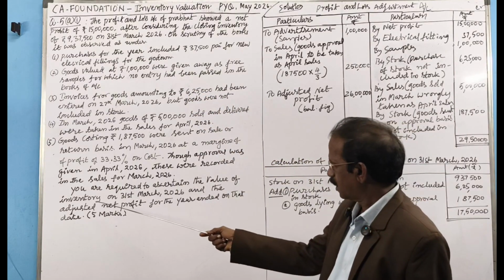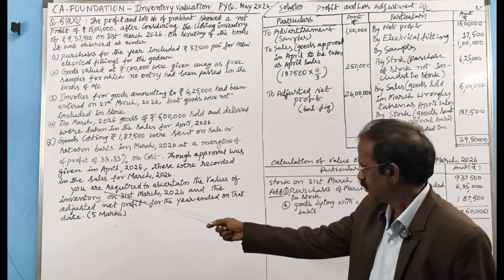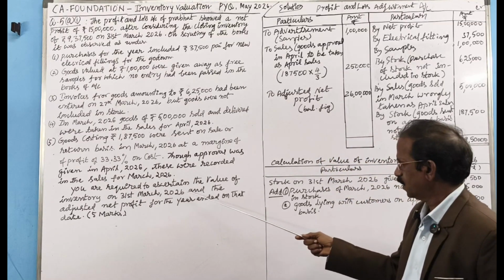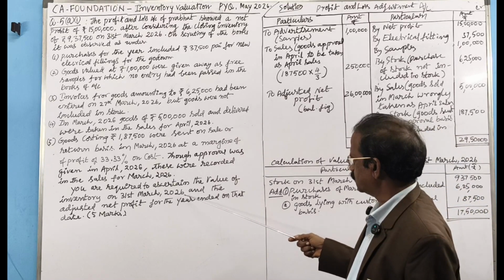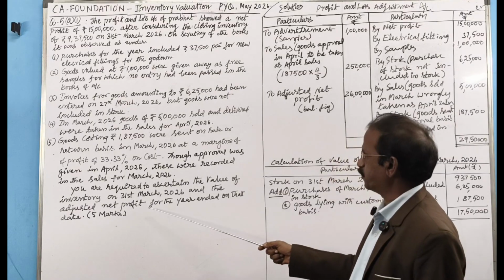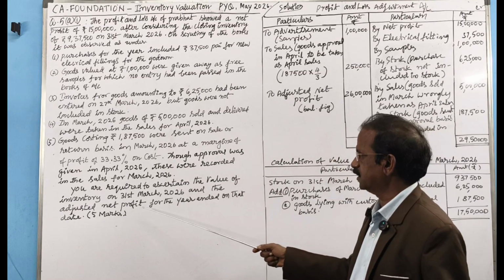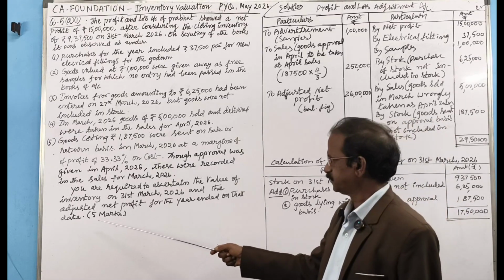And what we are asked to find out: you are required to ascertain the value of inventory on 31st March 2026 and the adjusted net profit, means correct net profit, for the year ended on that date.